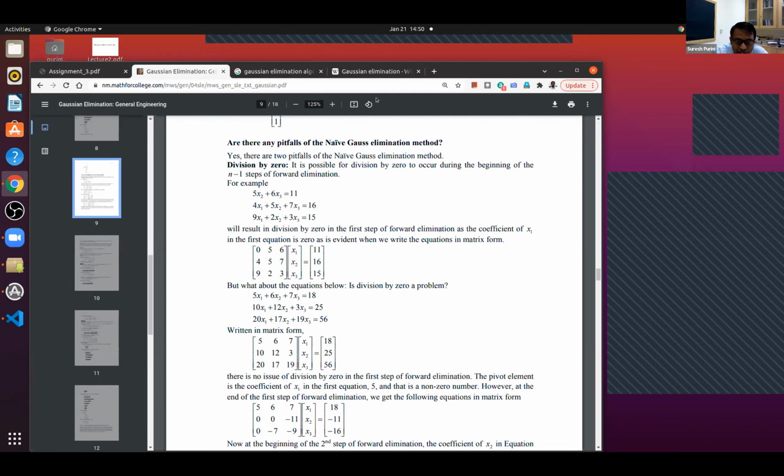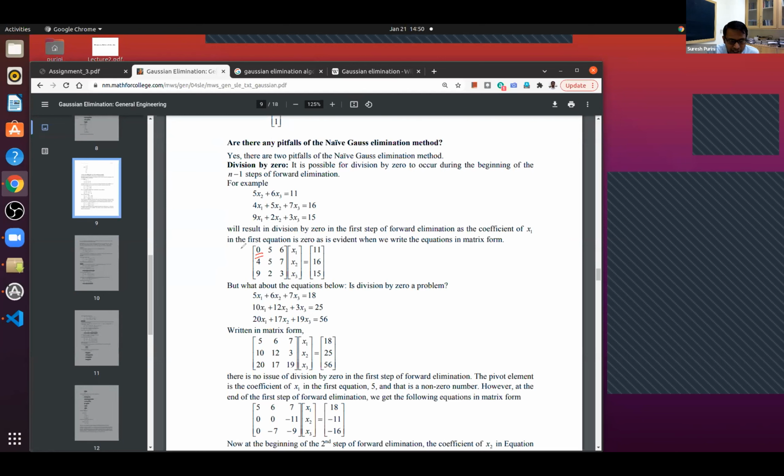If you get a pivot of 0, here in the first step itself you got a pivot of 0, how do we solve this divide by 0 problem? Here you got it in the initial step itself, but sometimes you may end up getting 0 in the intermediate steps. What do we do?